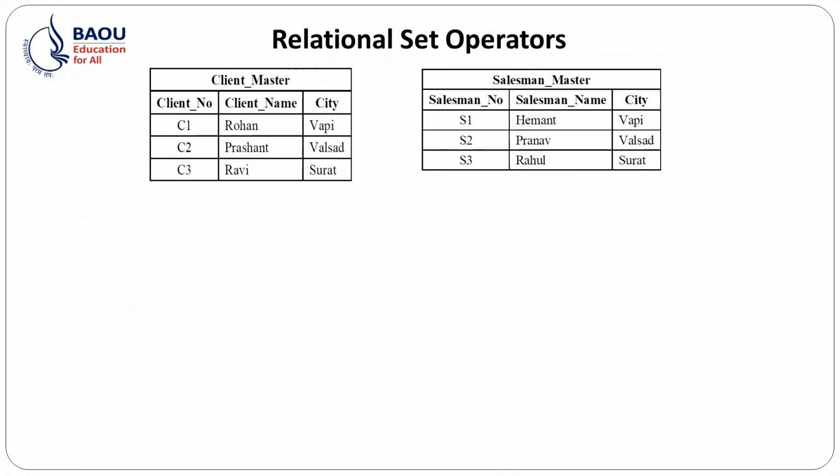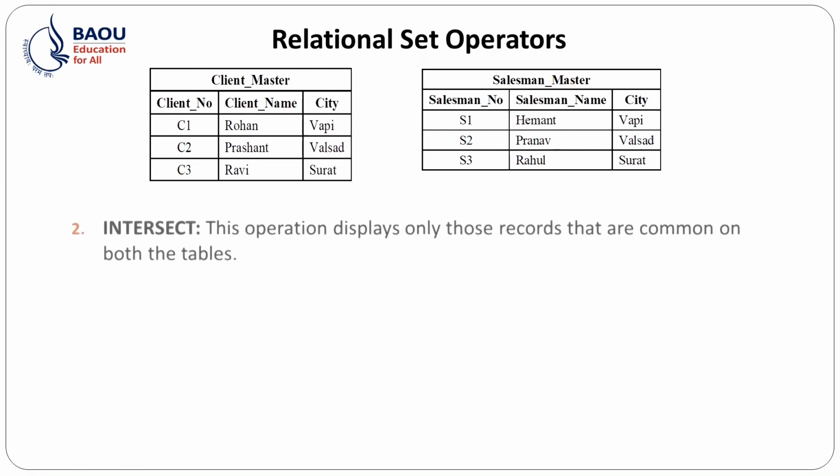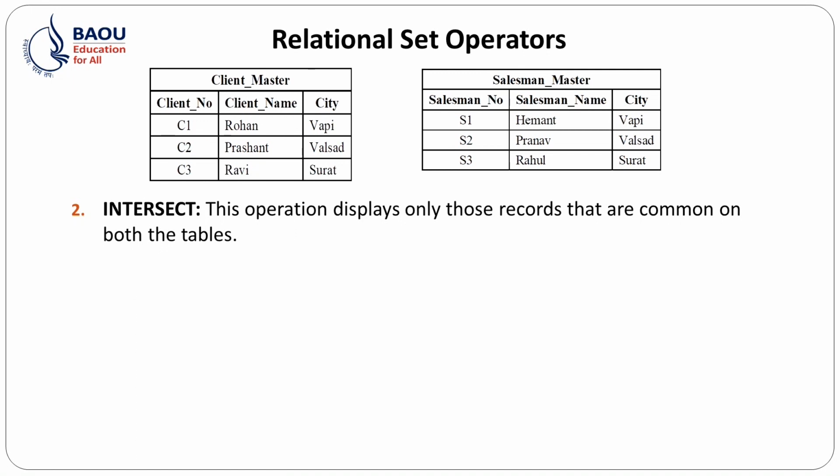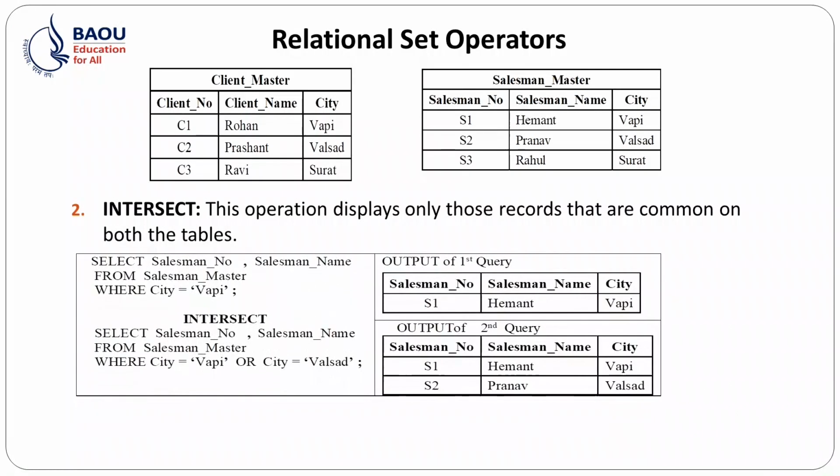Now the next relational set operator is the intersect. This operation displays only those records that are common in both tables. The example of the intersection operation is shown in the figure.